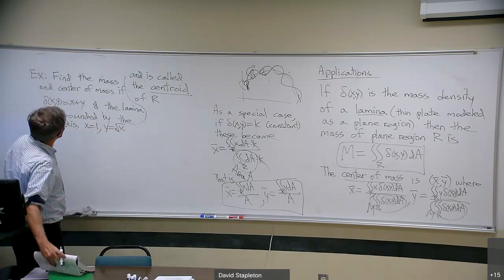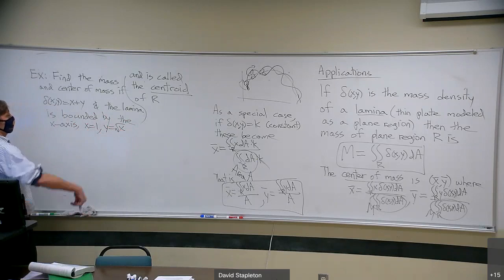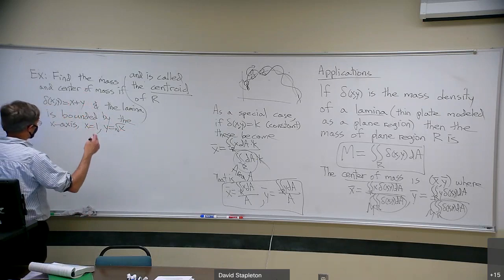Well, I'm interested in finding the center of mass for that. I'm going to throw this little flat plate across the room and make the center of mass execute a parabola.